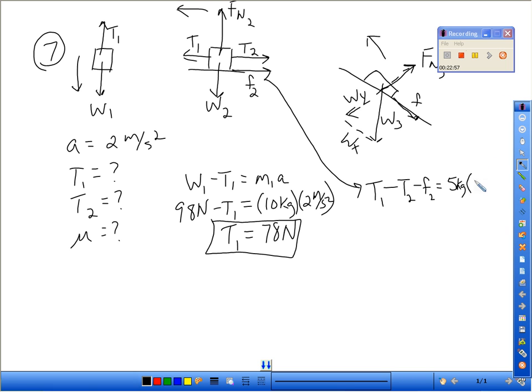And it's accelerating at 2 meters per second squared. T1 was 78 newtons. Tension 2 we haven't solved for yet. Friction 2 is mu, which I don't know, times my normal force. In this case, my normal force is my weight. So 5 times 9.8.